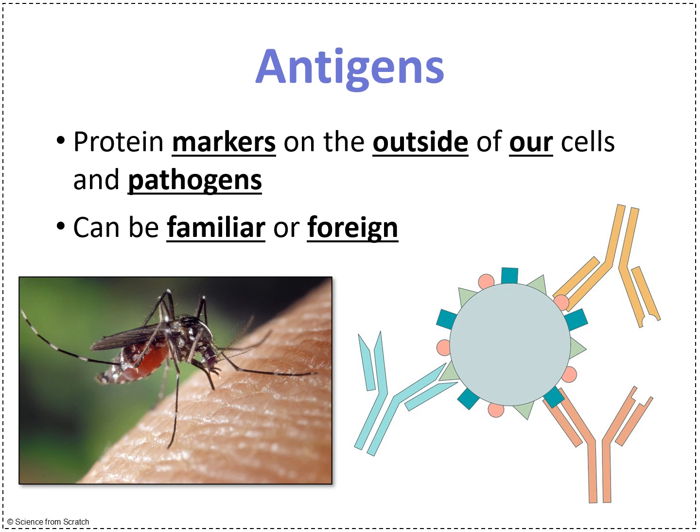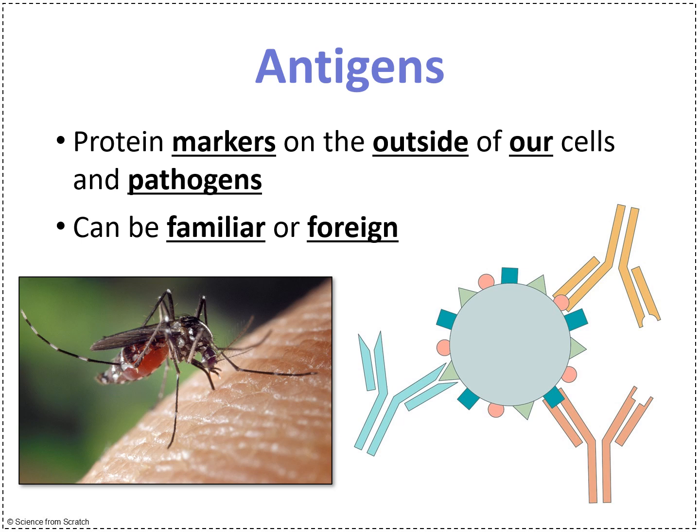So your kidney cells and your liver cells and stomach cells, plus all of your cells, they will have these proteins called antigens that are on the surface of them. And our bodies will recognize them as familiar.